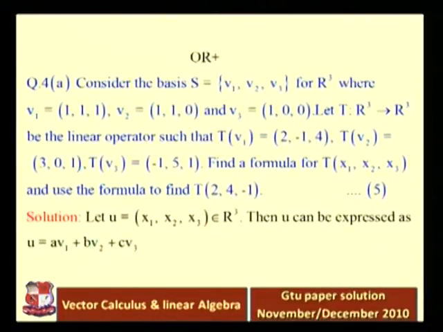So U is equal to aV1 plus bV2 plus cV3, right?